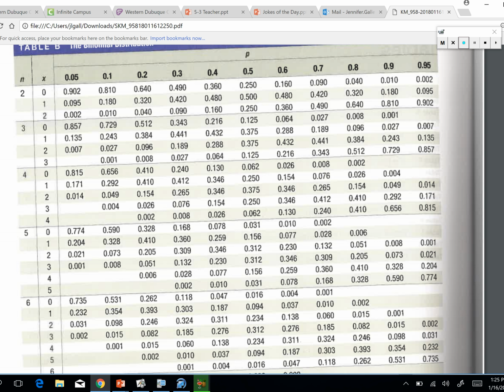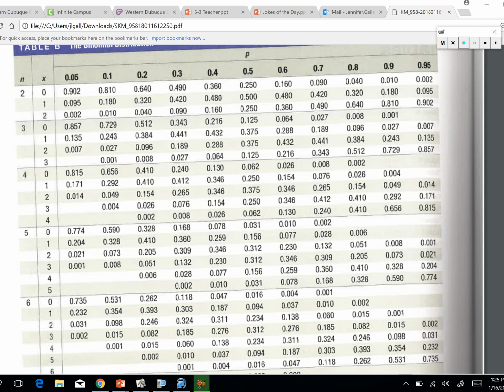And then your X is the next column. Our X was 4. So we go down to 4. And then we follow the row for 4 until we meet where the 0.9 is, that column up at the top.